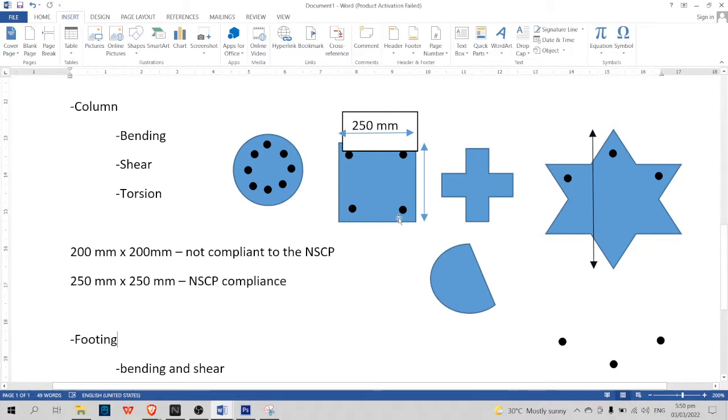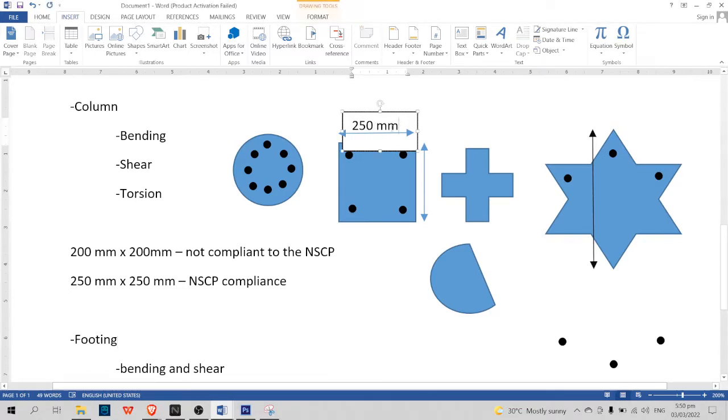So, siguro sa ngayon, wag muna nating pag-usapan yun. Basta tandaan nyo, sa design natin, ang minimum size ng column is 250 mm. Which is, maliit pa nga yan kung tutuusin. Ni-revise nila ito around 2021, kung di ako nagkakamali.